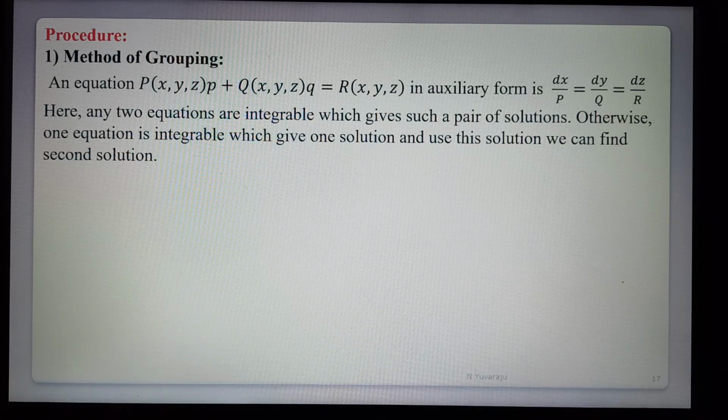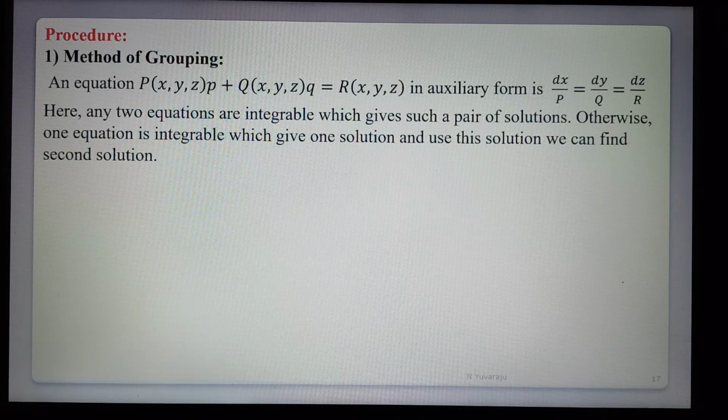An equation of the form P p plus Q q equal to R has the auxiliary form dx by P equal to dy by Q equal to dz by R. Here any two equations are integrable, which gives such a pair of solutions. Otherwise, if one equation is integrable, it gives one solution, and using this solution we can find the second solution.